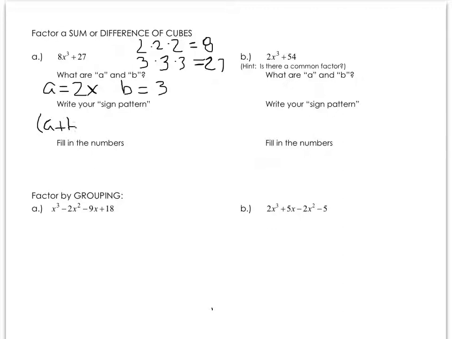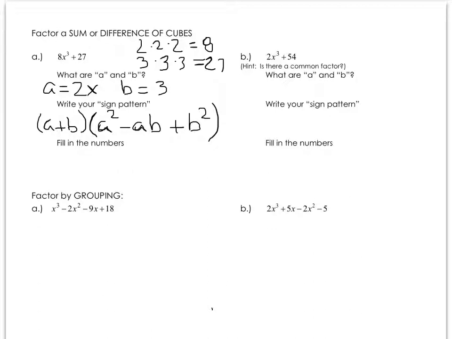So the sum of cubes pattern reads like this: A plus B, A squared minus AB plus B squared. Because we've already identified A and B, this is really just kind of a plug-in.